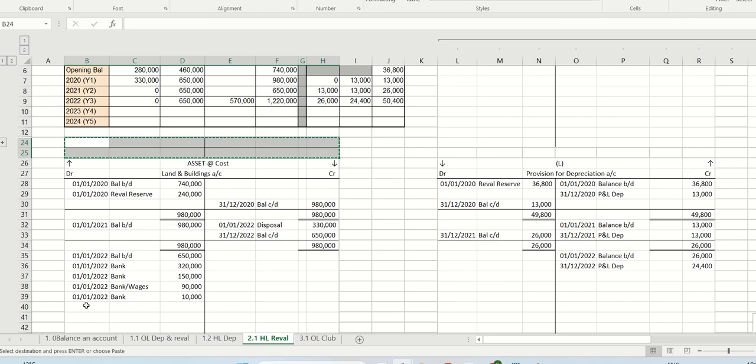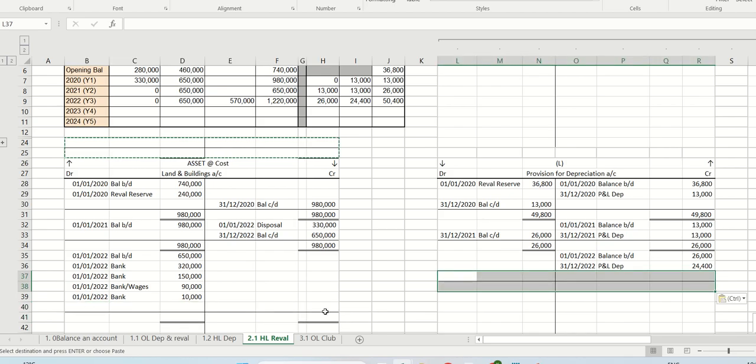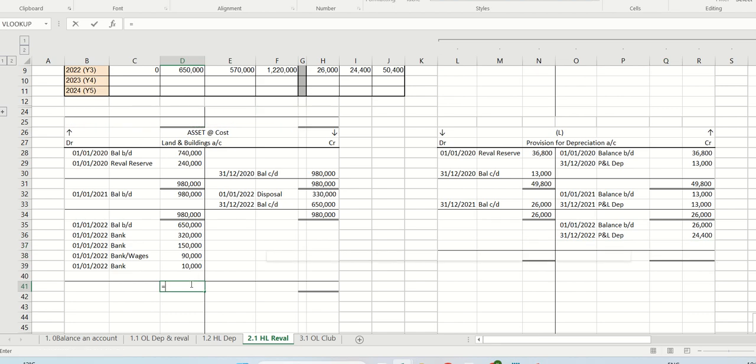Okay, so again, guys, it's admin heavy. So we have a lot. Your speed in balancing accounts is really going to help you here. So just get good at it, get fast at it.